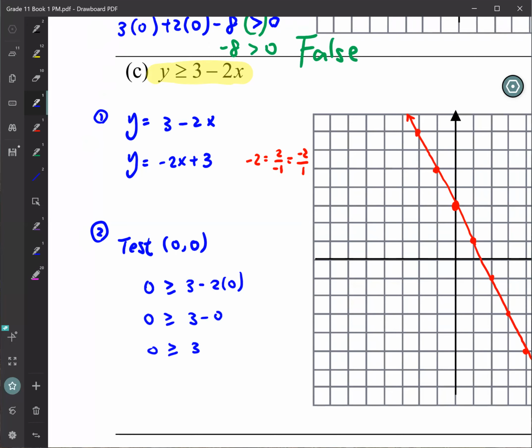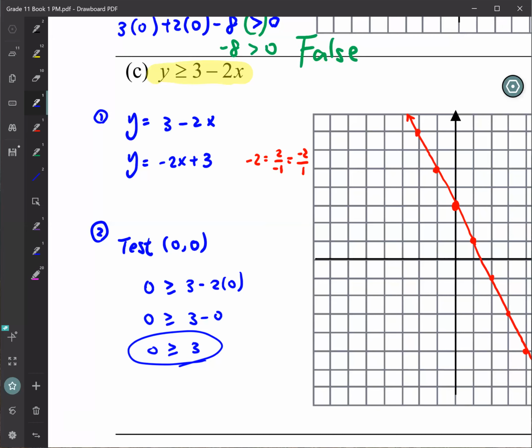Yeah. So you look at this statement. Is this true or false? Is 0 bigger or equal to 3? It's true. 0 is bigger than 3? Oh no, it's false.